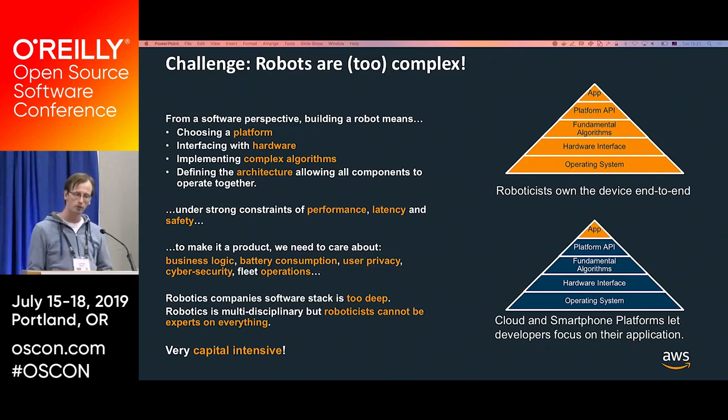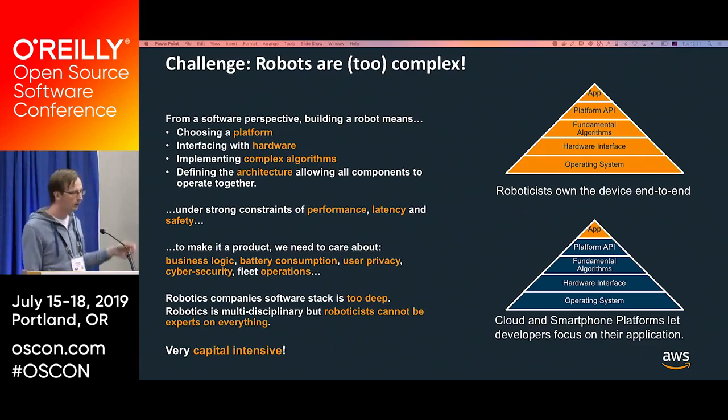If I have now hundreds of robots deployed in a factory, then I need to start caring about battery management, about how I will do over-the-air updates. And obviously, security and user data privacy also come into play. So all of that is very hard. Independently, they're all challenging problems, but taken together, it's really hard.